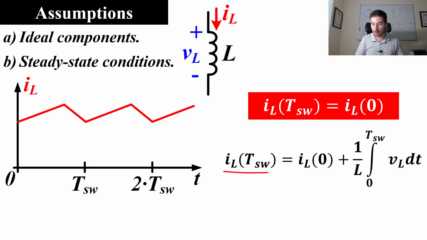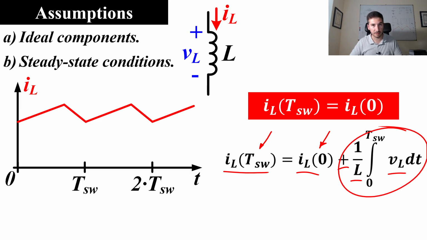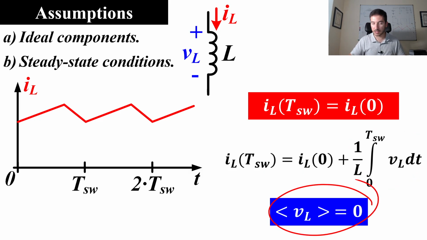The current at the end of the period is equal to the current at the beginning of the period, plus 1 over the inductance integral of the voltage across the inductor over a period. If this is equal to this, this part must be 0. So in steady state conditions, we can say that the average voltage across an inductor is 0. This principle is also very important, we will use it today, and is called inductor volt-second balance.